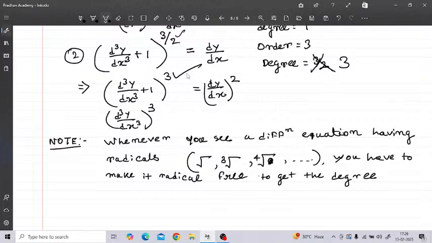Also, there is note number 2 and note number 3.